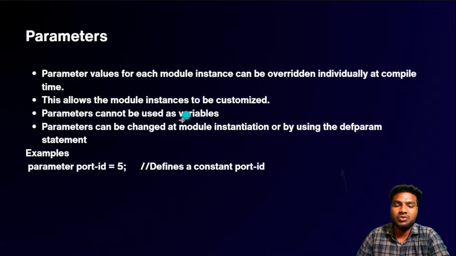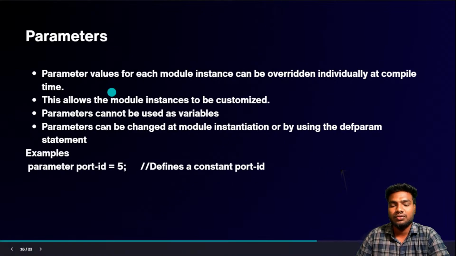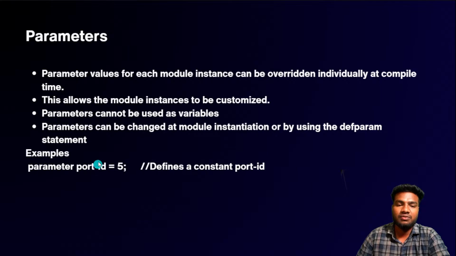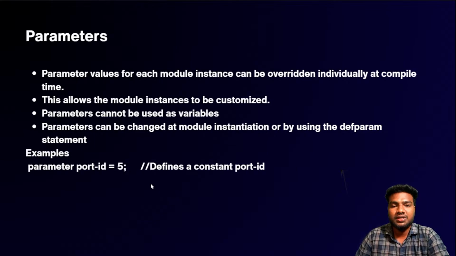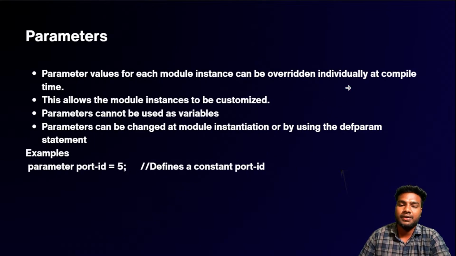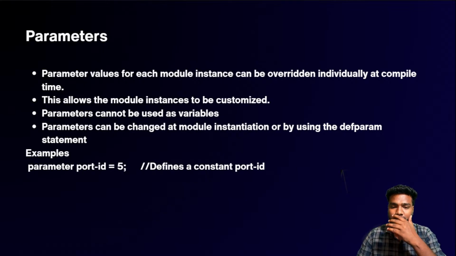If you want to change it, you can change it here itself, and you don't need to change all lines of code. This is the main feature of a parameter: you just change it in the parameter declaration only. We can also instantiate parameters in modules, so let's see how that happens in upcoming classes.